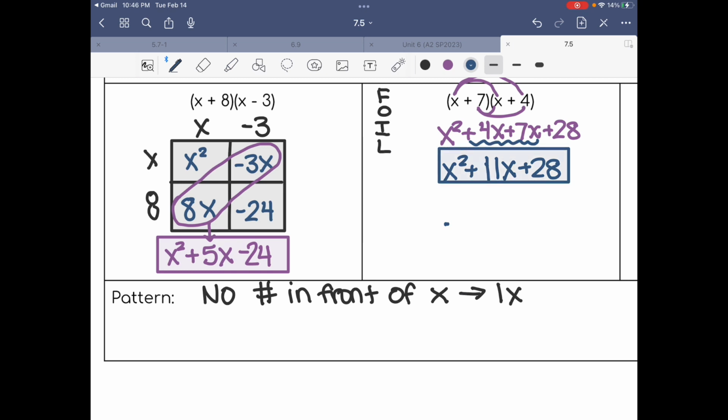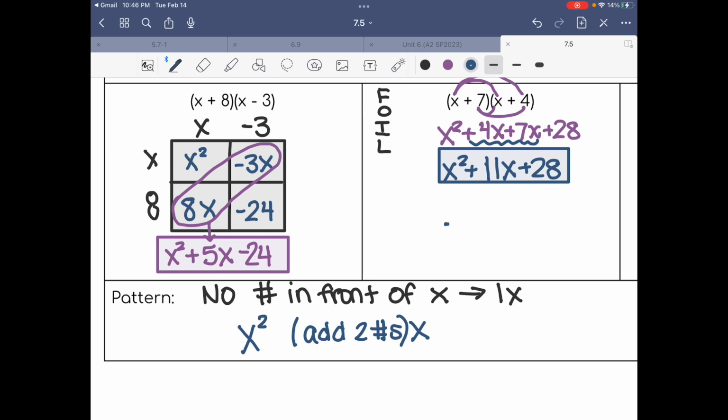Now, this one is my favorite pattern because you can skip so much work with it. The pattern is that it's always going to be x squared. And then you are going to add the two numbers from the parentheses together to get the x in the middle.